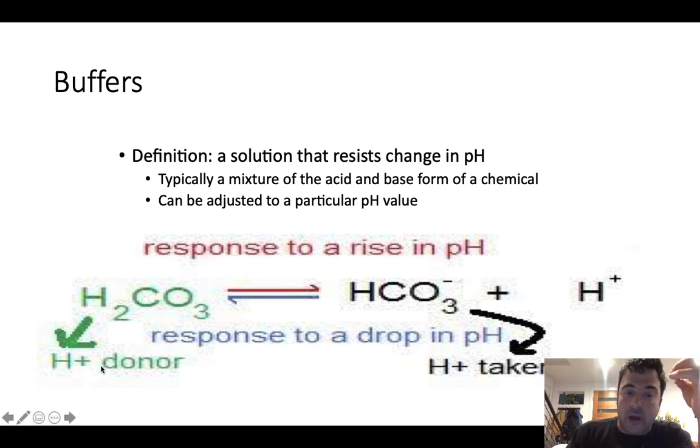On the flip side, if you remove too much hydrogen from solution and the solution becomes too alkaline, this acid will activate and it will add free hydrogen to the solution. So when the base activates in this system, you say the equation will shift to the left, because you're getting rid of the free hydrogen as that chemical system shifts to the left.